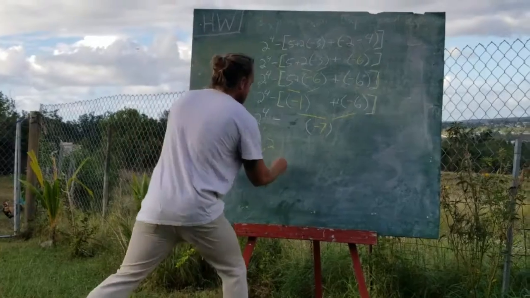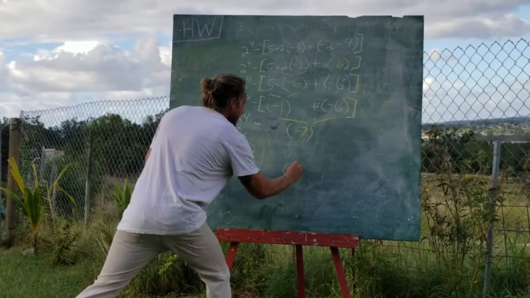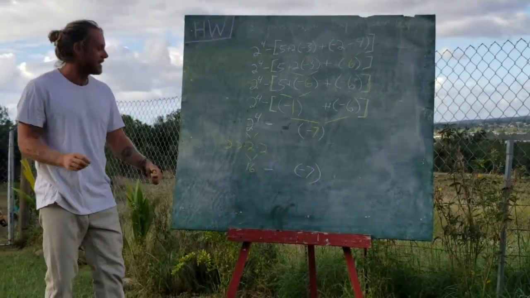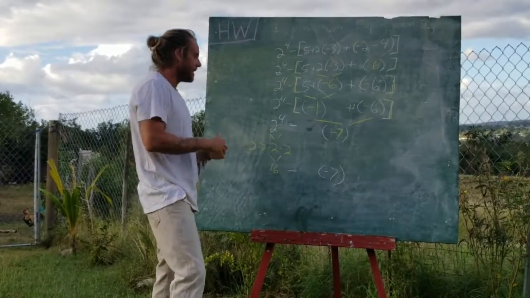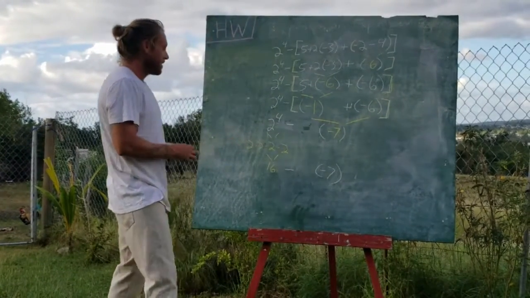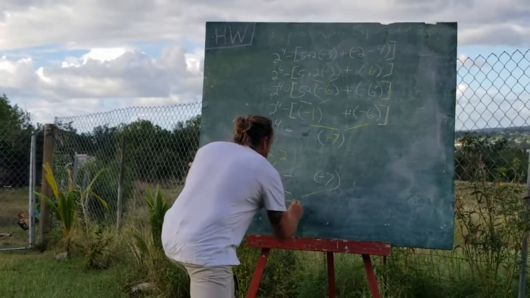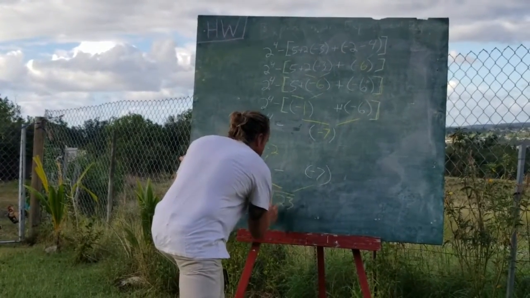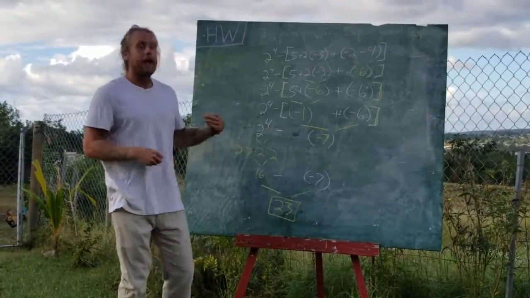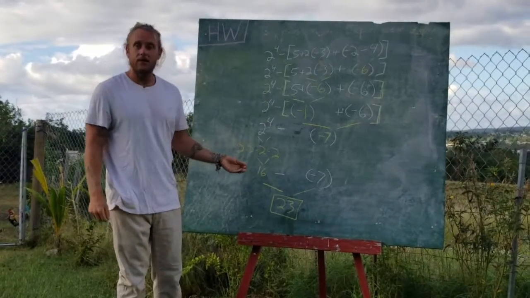So we have 16 minus a -7. All right, we have a 16, and we're going to subtract a -7. That's like adding 7. So 16 plus 7 is 23. And there is our evaluated solution.